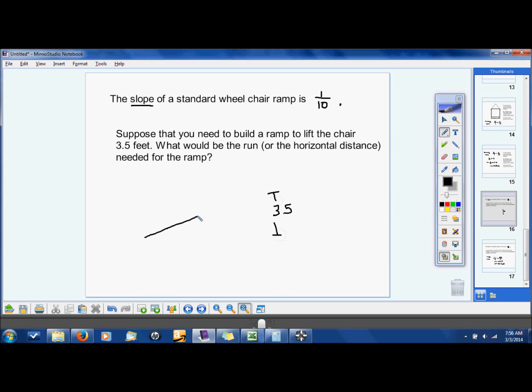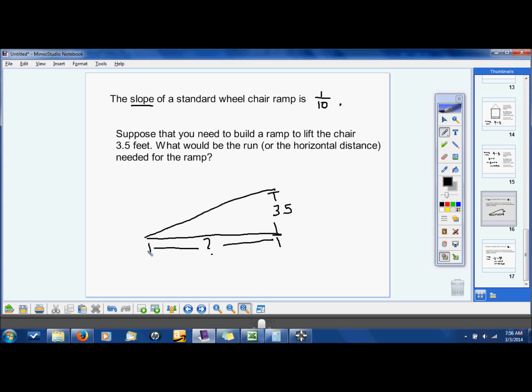How far from here to here, how much space do I need in order to build this ramp so that I can safely get the person up the ramp? If you make it too steep, it's going to be too hard to push a person up that wheelchair ramp. If you make it too shallow, you're going to be pushing longer than you need to. 1/10 works out very well.